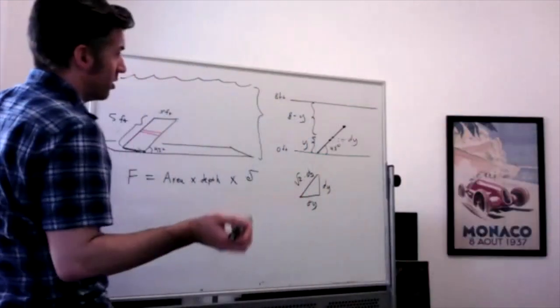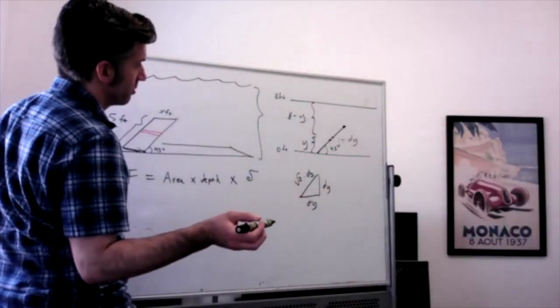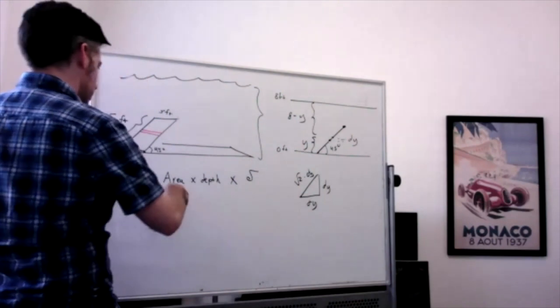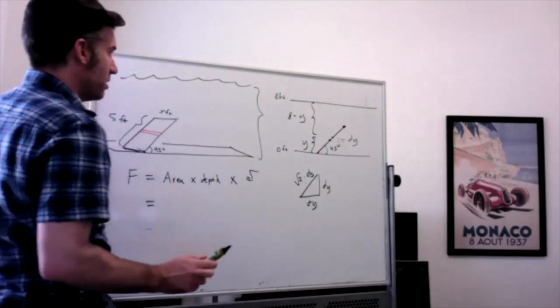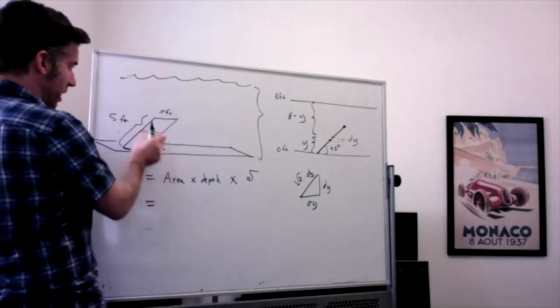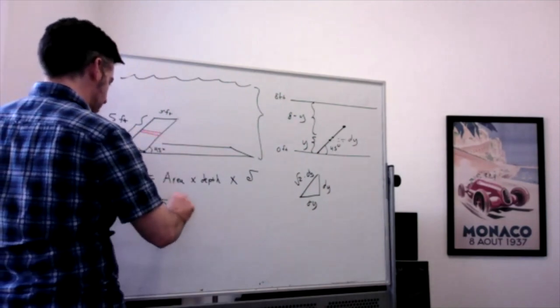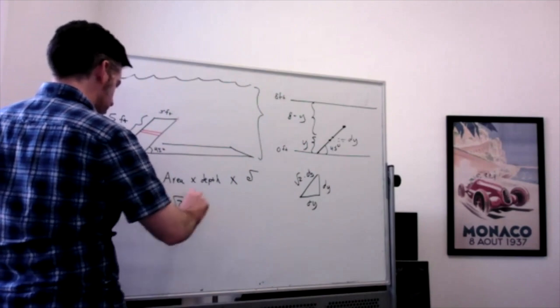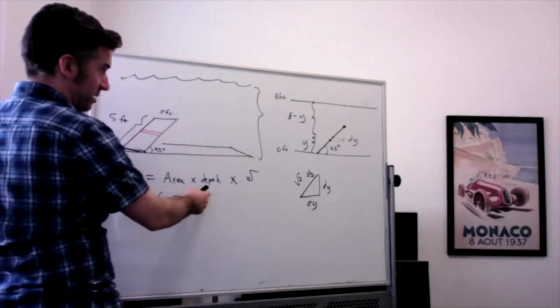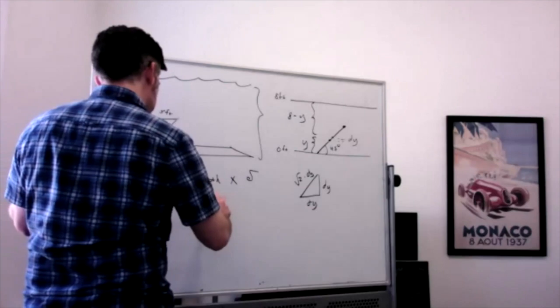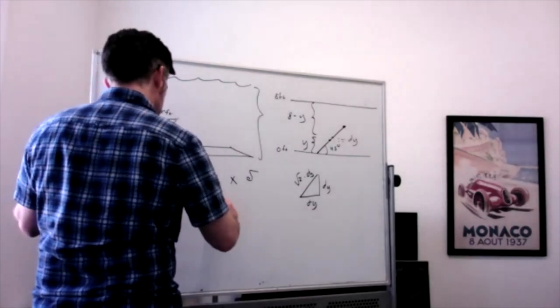Okay, so we got the area. The area of the strip is going to be, I believe, 5 times root 2 dy. The depth is going to be 8 minus y.